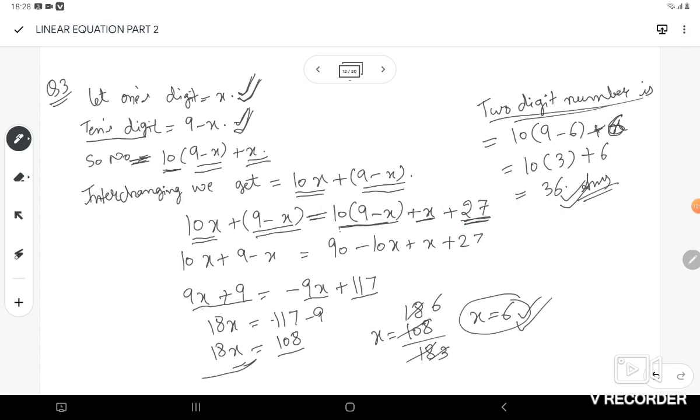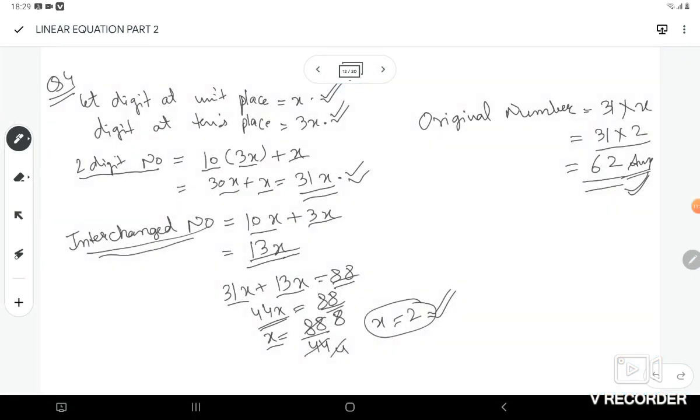On transposing we get 9x plus 9 equal to minus 9x plus 117, which gives 18x equal to 108. On solving this we get the value of x equal to 6. Now we have to find the original 2-digit number, which is in the form 10 times 9 minus x plus x. We put x equal to 6 in this, and we get the original number equal to 36.